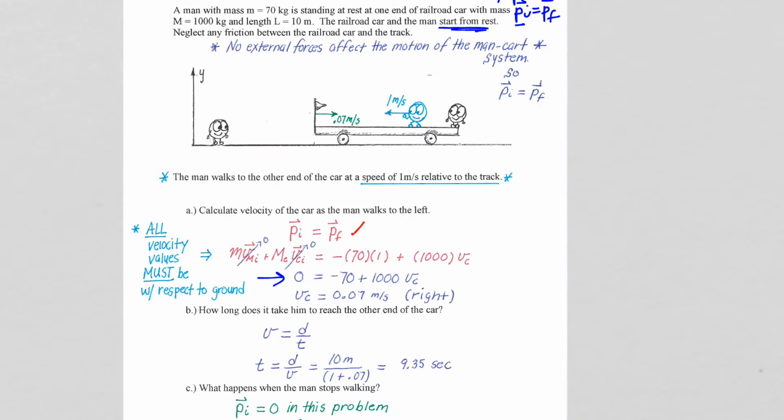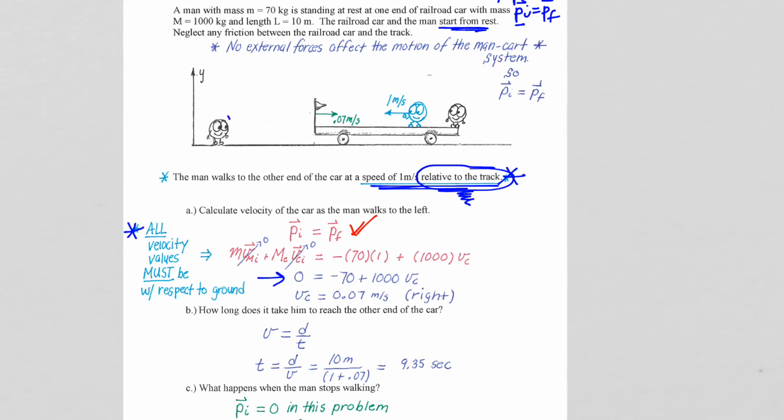Now, the motion of the man, we are told, is 1 meter per second relative to the track, and that is important because the conservation of momentum equality, P initial equals P final, is always only valid relative to the ground.